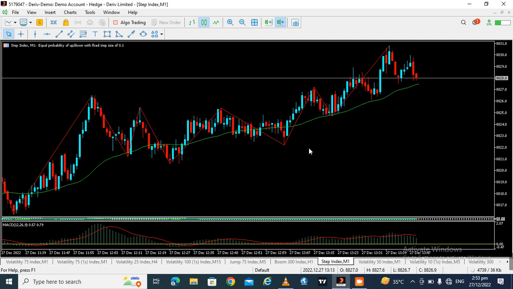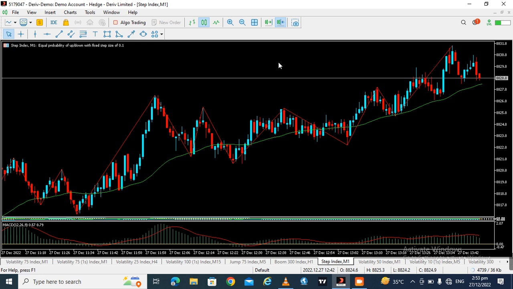As you can see on the screen, I have only three indicators: the zigzag, the 50 EMA, which is this green line, and below in my indicator window I have the MACD, which we're going to be using to identify divergence, because spotting divergence is one of the first things you take note of when using this strategy.